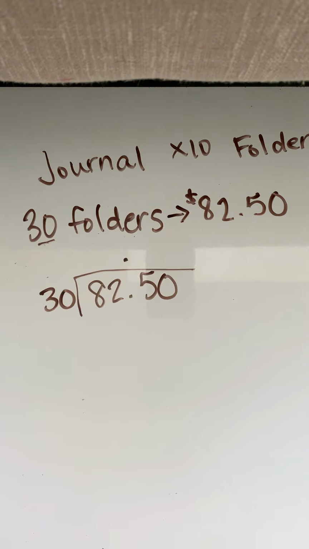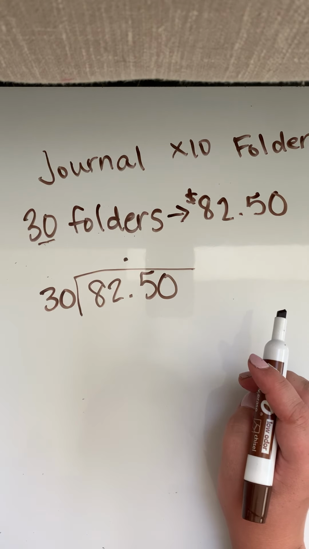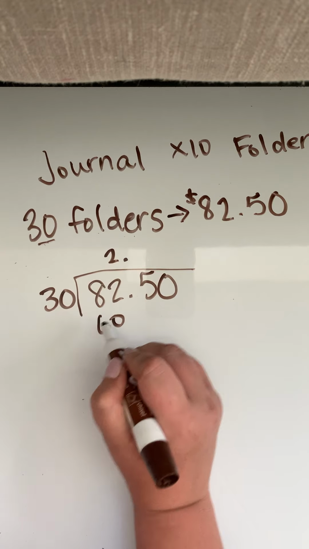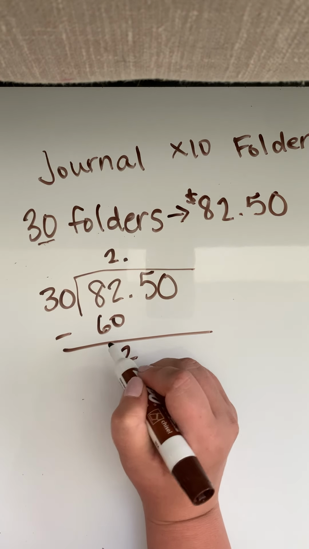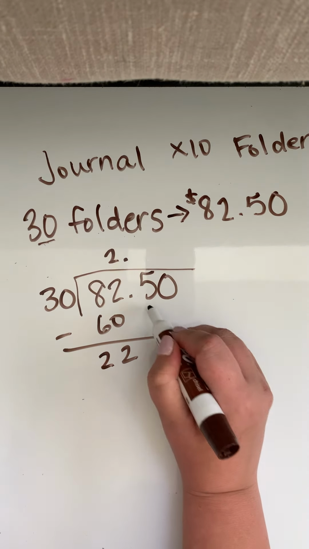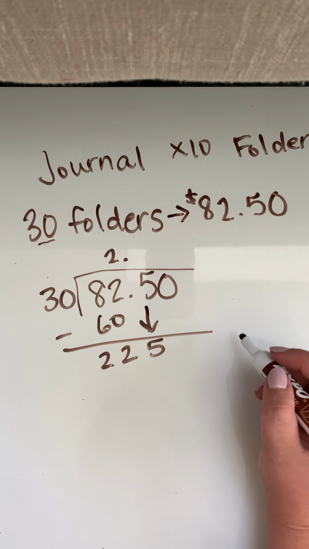Okay. 30 times what gets me close to 82? Good. I can do 2 here. It's going to get me to 60. All right. So I should be about here. You guys with me? All right.